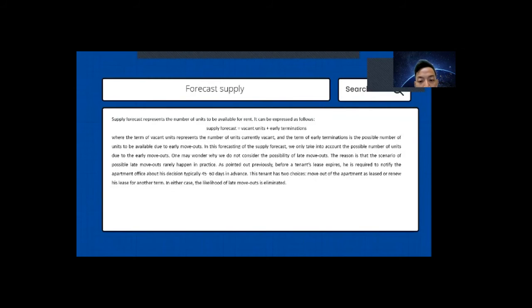As pointed out previously, before a tenant's lease expires, he is required to notify the apartment office about his decision, typically 45 to 60 days in advance. This tenant has two choices: move out of the apartment as leased or renew his lease for another term. In either case, the likelihood of late move-outs is eliminated.